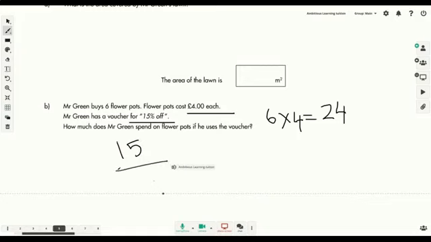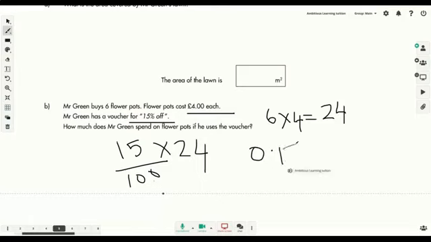You could do it this way. This is one way you could do it, or another way is 0.15 multiplied by 24.